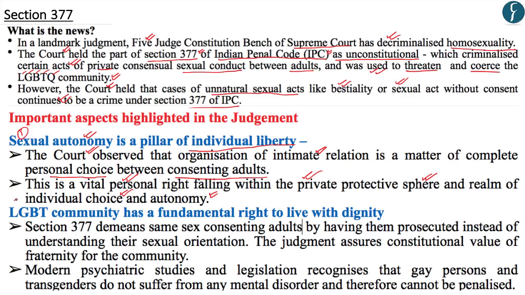The second main aspect highlighted in this judgment is that the LGBTQ community has a fundamental right to live with dignity. According to the Supreme Court, section 377 demeans same-sex consenting adults for their sexual orientation, and this judgment would now assure the constitutional value of fraternity for the LGBT community.